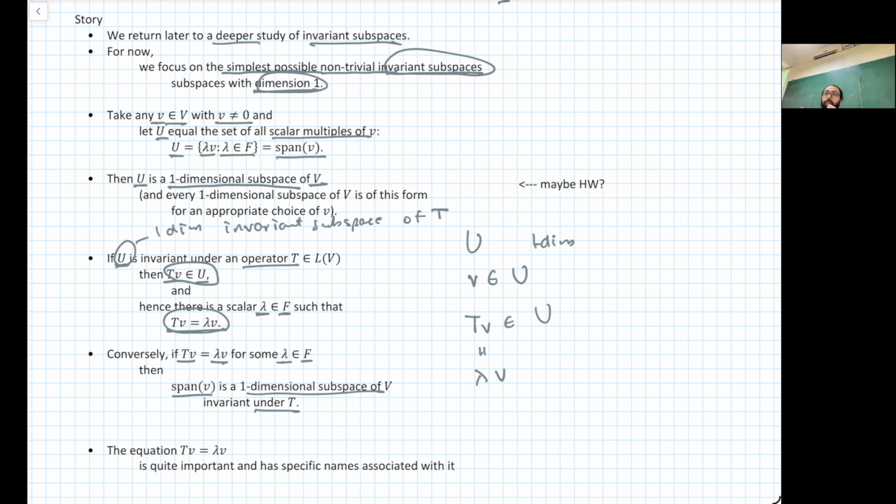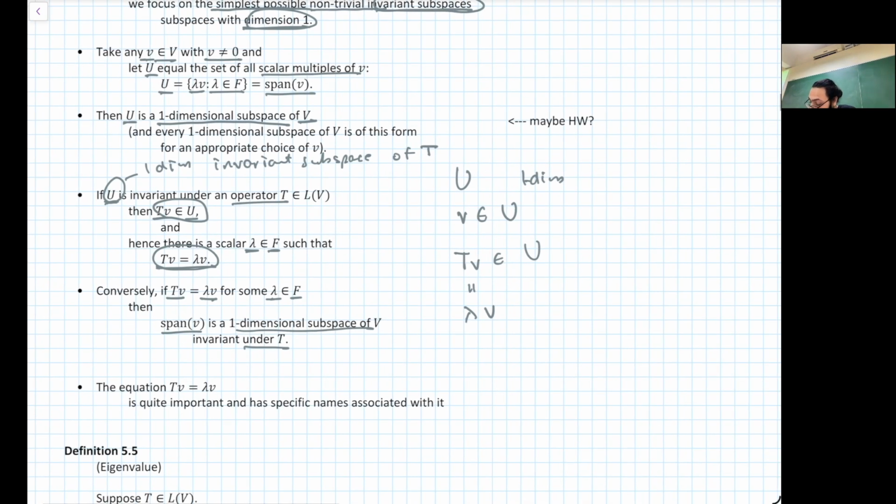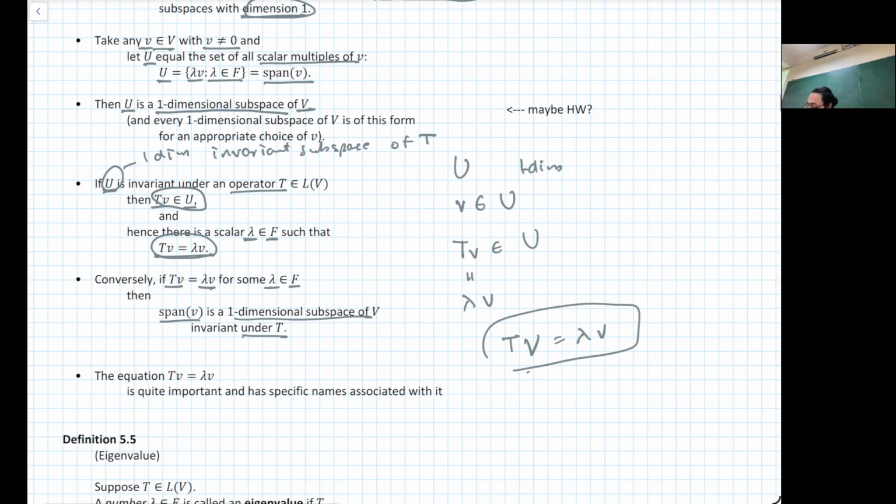That is the first direction. Now we're saying it the other way. Suppose you take some vector, you don't know where you got it from, you apply T to the vector, and you get some lambda times the vector. If this happens, then what do we see immediately? We see that the span of v is a one-dimensional subspace, because Tv maps the vector v to the same subspace. So it's if and only if.